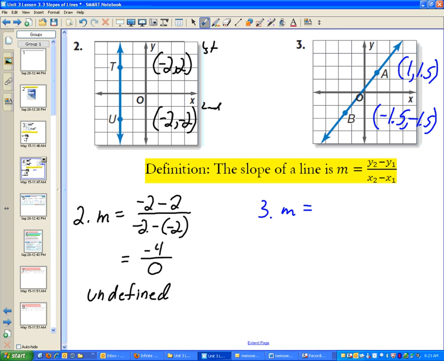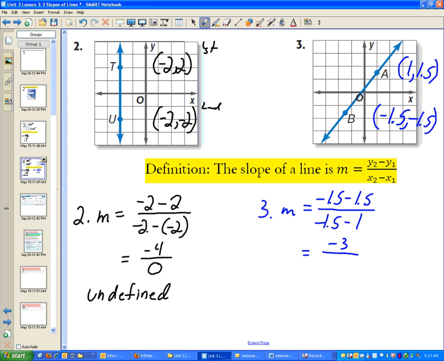So slope equals y2. I'll let B be the second point. Y2 is negative 1.5 minus y1, 1.5, over x2, negative 1.5, minus x1, 1. So what's negative 1.5 minus 1.5? Negative 3.